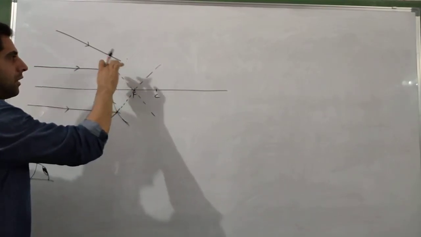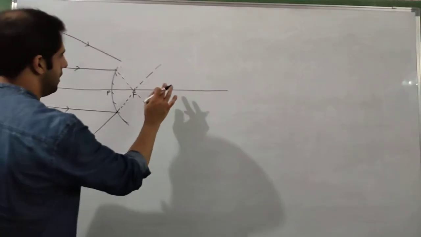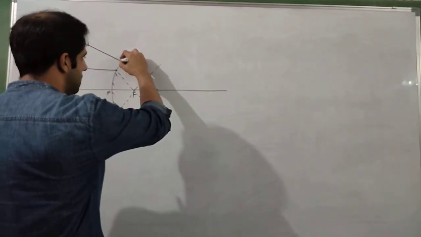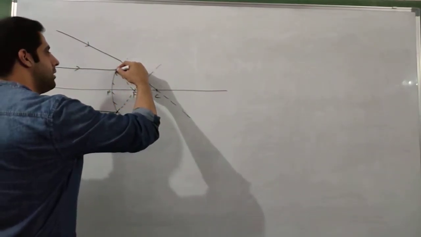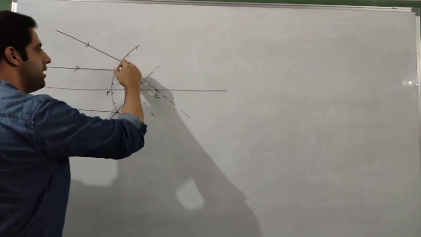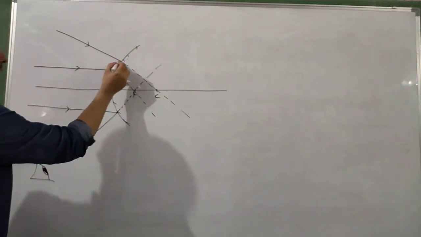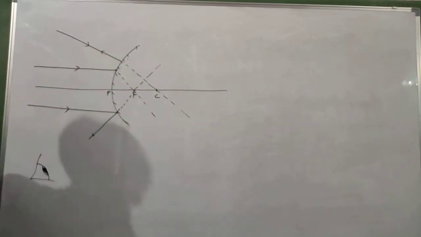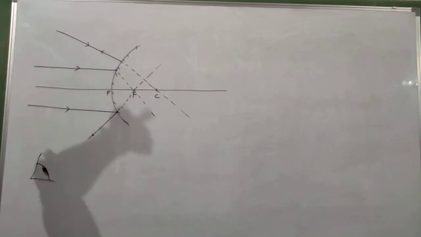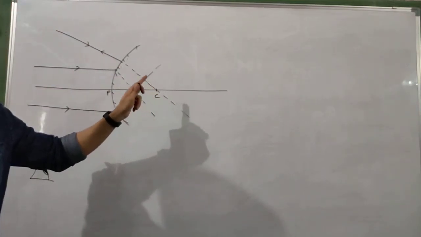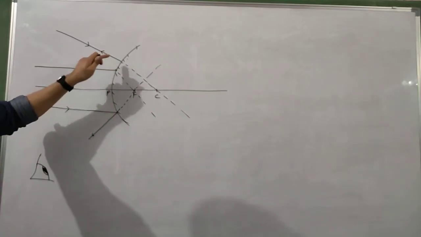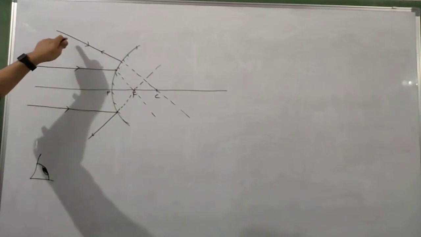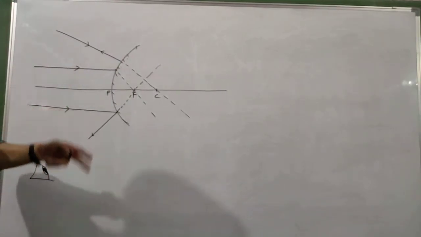That means if I remove this mirror, then this ray would have passed through the center of curvature, but because there is a mirror in its way, this particular ray will reflect and will trace back its path. It will go back on the same path. So all those rays which would have passed through the center of curvature if there were no mirror will trace their path back, they will be reflected on their own path back to where they came from. So this is our second rule.